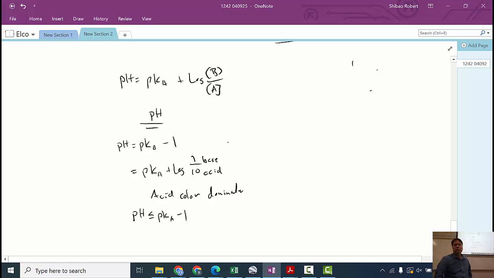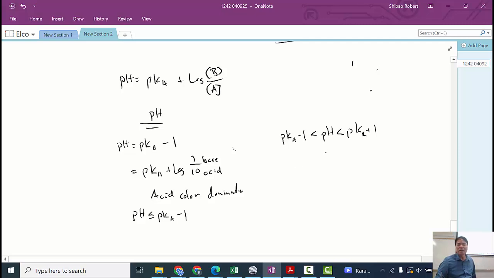If we're in between, let's say our pH is greater than pKa minus 1 but less than pKa plus 1, then we have a mix of colors.